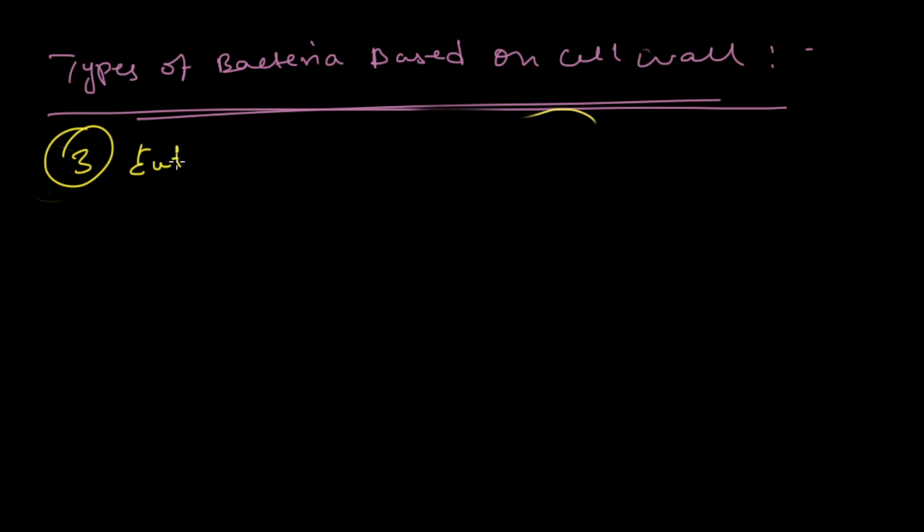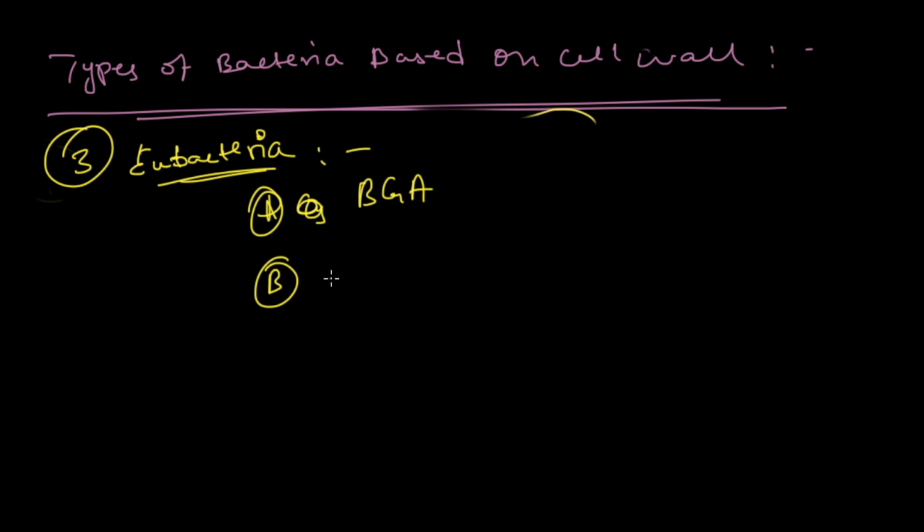I have already told you in the starting lecture, every time it comes, eu means true bacteria. Now this bacterial group includes many other groups, like A, cyanobacteria or blue green algae, BGA, B, chemosynthetic bacteria, C, heterotrophic bacteria.